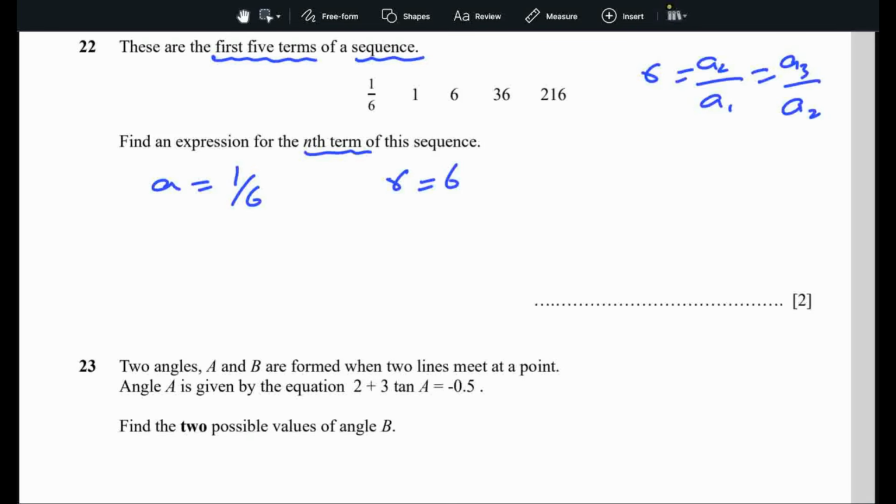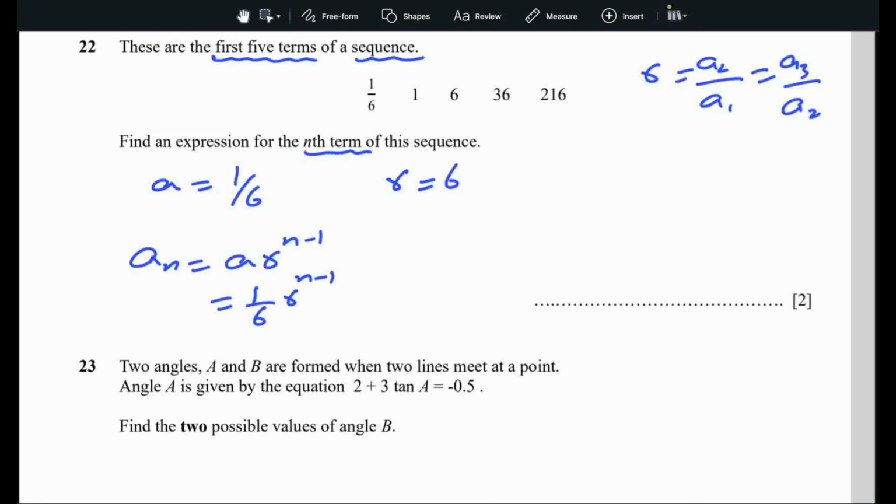So this one is a geometric sequence. For a geometric sequence, An will be equal to A times R power n minus 1. So which means 1 by 6 times R power n minus 1.